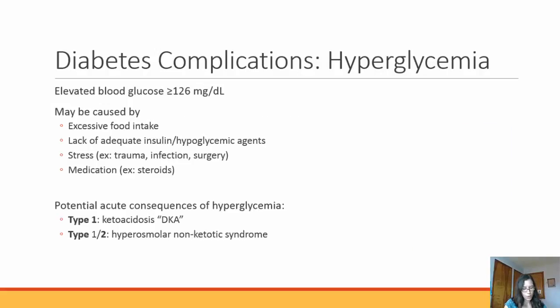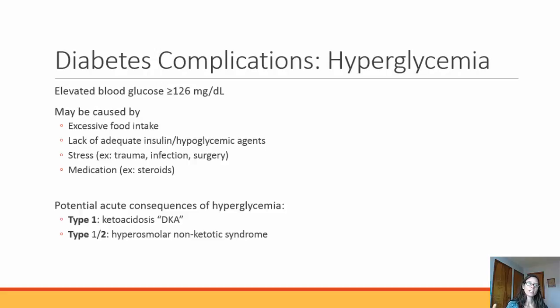Okay, and then we also have the complication that we think of the most, hyperglycemia. This could be caused by excessive food intake, really high glucose intake, paired with inadequate insulin or hypoglycemic agents.